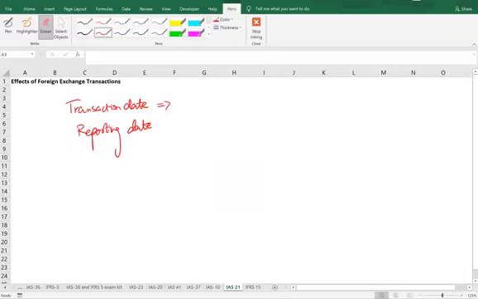That means, for example, let's say the goods cost 10,000 rupees, right? And the rate is, let's say, 1 USD equals 100 rupees. All right.